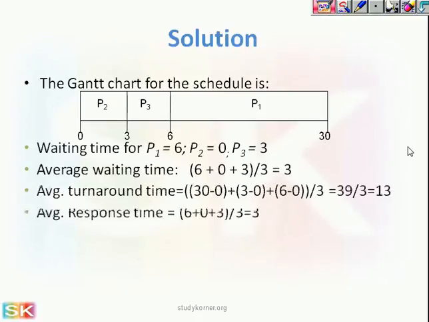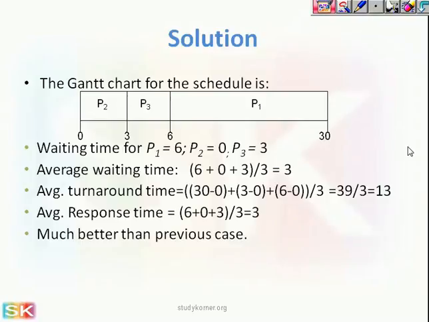In this case, we have the processes with the same burst time except that their order is changed, and because of that average waiting time comes out to be 3, which was 17 in the last case, and average turnaround time comes out to be 13, which was 20.33 in the last case, and average response time is equal to 3, which was again 17 in the last case.